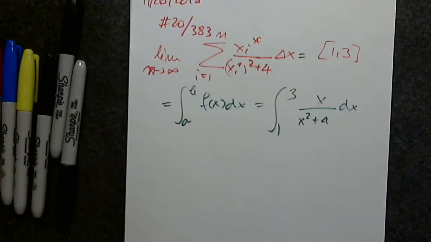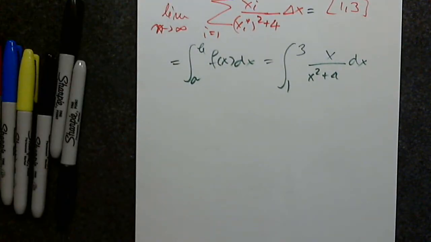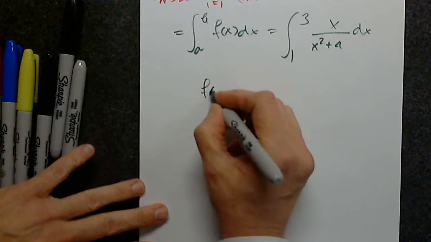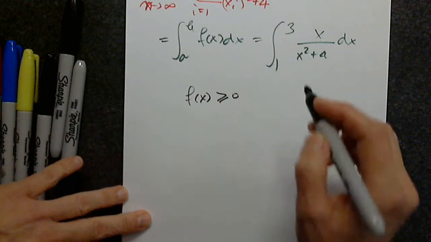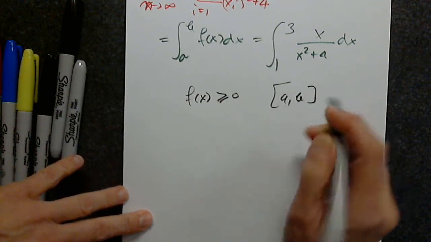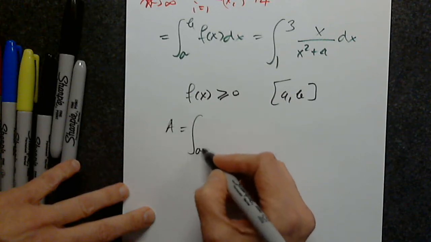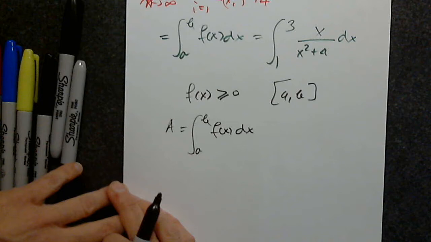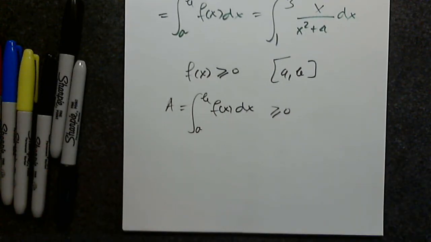But I wanted to talk about comparison properties and work on a problem with you. Again, they are common sense. Let's say that f of x is a function that is positive on an interval a comma b. It's common sense that the area, which is the integral from a to b of f of x dx, must be a positive number, or 0.